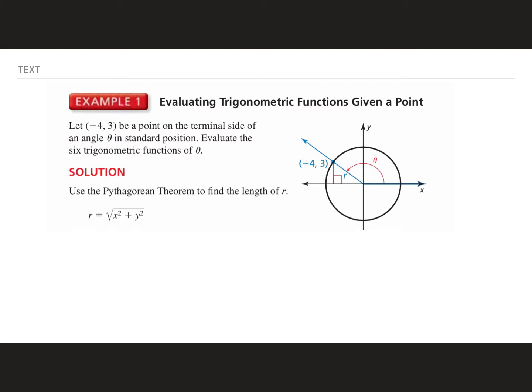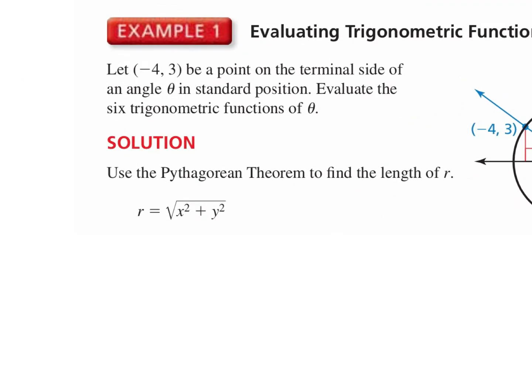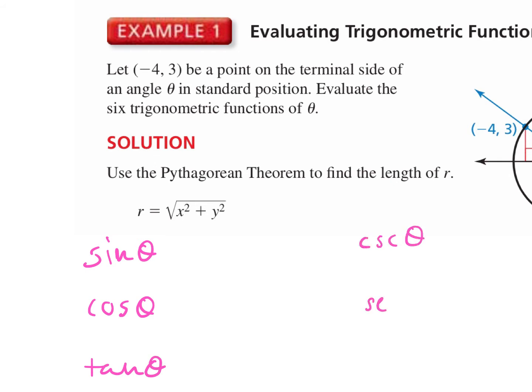All right, so example 1. It gives us the point -4, 3 as on our terminal side of an angle theta in standard position, and we have to evaluate each of the 6 trig functions of theta. So we have our 6 trig functions: sine of theta, cosine theta, tangent theta, cosecant theta, secant theta, and cotangent theta.